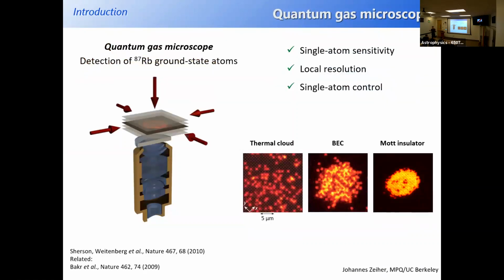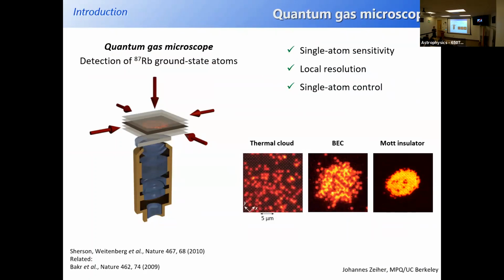It's, as I said, an experiment set up to produce a degenerate, two-dimensional gas of ultracold rubidium-87. For detection, it's special in that it uses a high-resolution objective to image those gases. And it's not only special in its high resolution, it's also special in that we can see individual atoms and the position of the individual atoms.